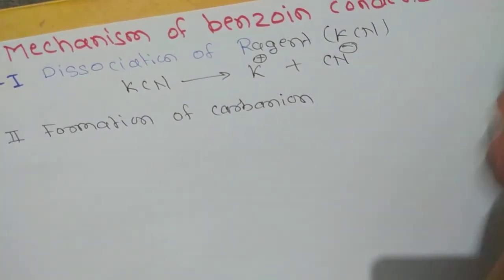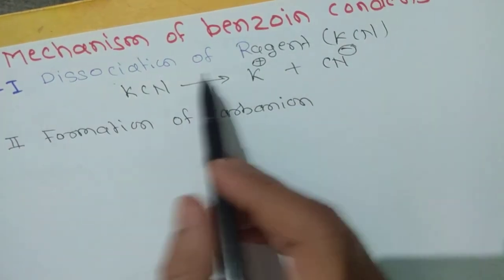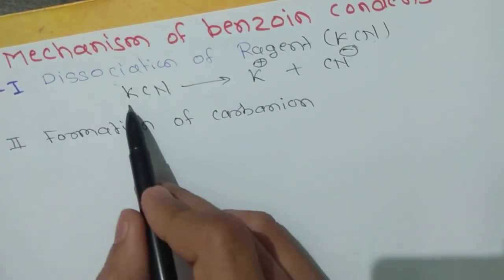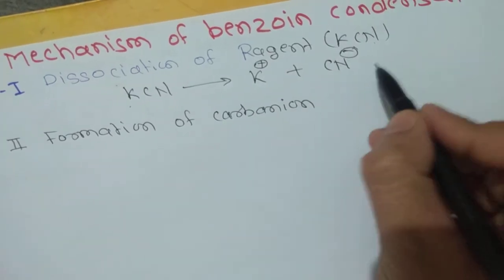In step first, we see the dissociation of the reagent, potassium cyanide. The potassium cyanide dissociates into K plus and CN minus ions. It is a nucleophile.